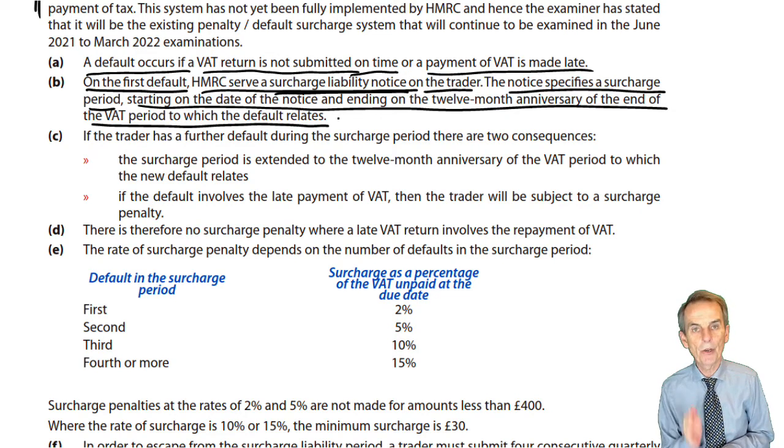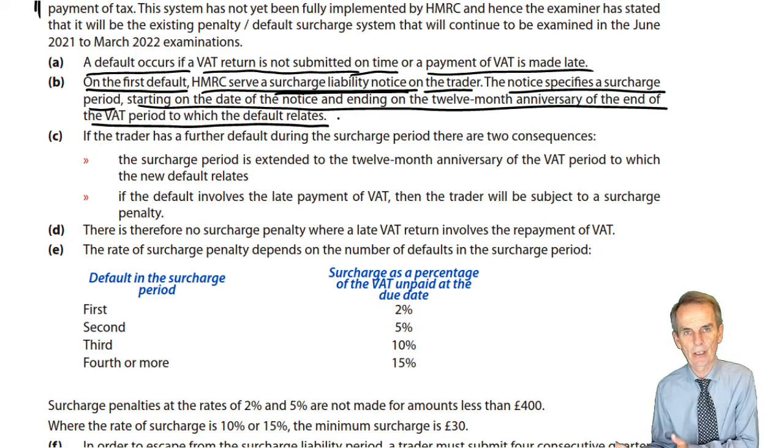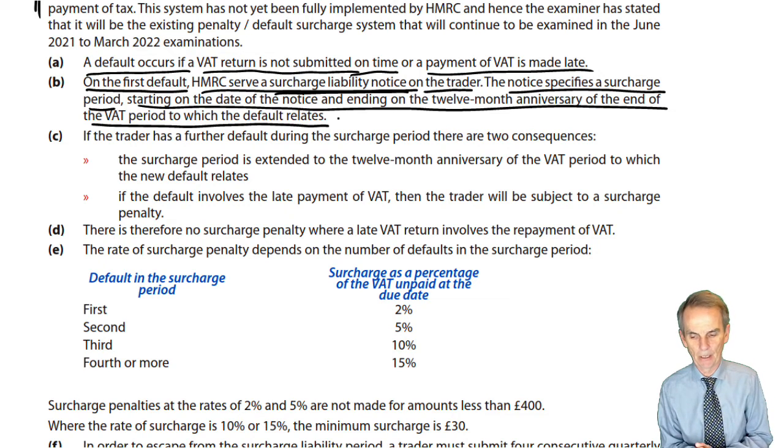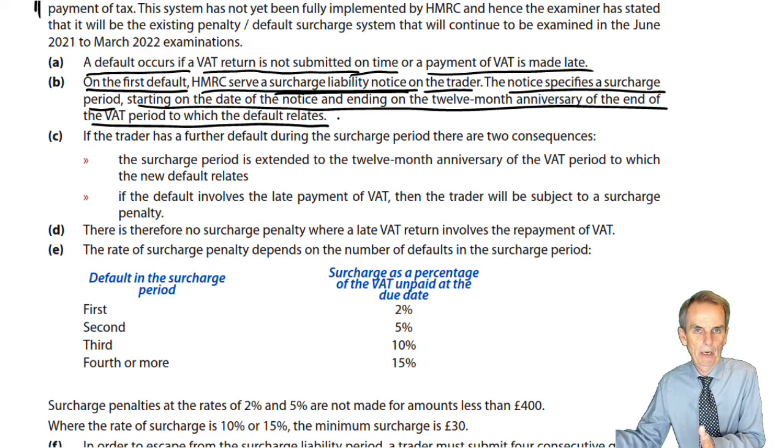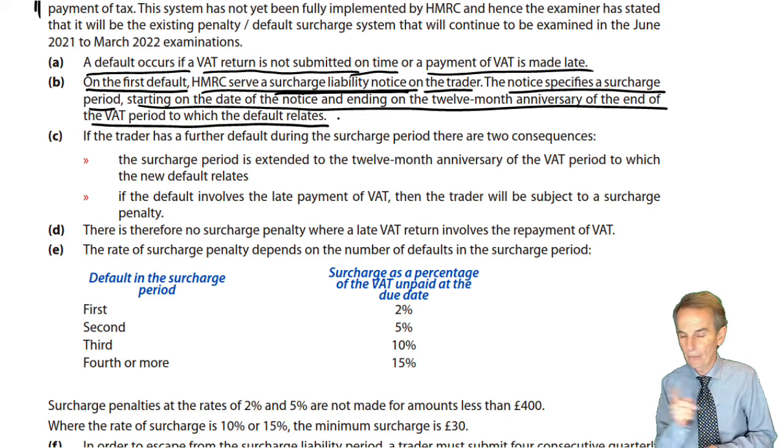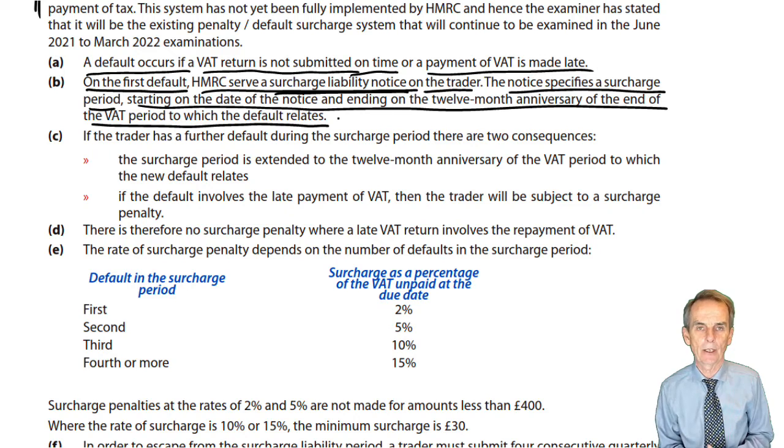They're putting you on notice for basically another year after the end of this return period, that if you do this again over the next 4 quarterly VAT return periods, then we are looking at a penalty system coming into play, one that will increase the more times you default and miss one of these deadline dates.